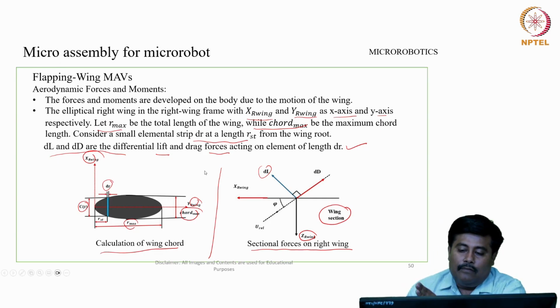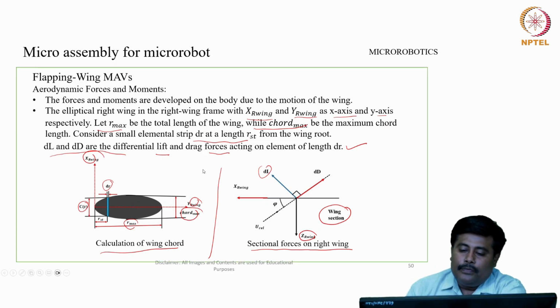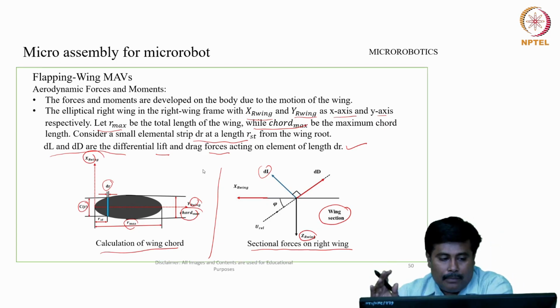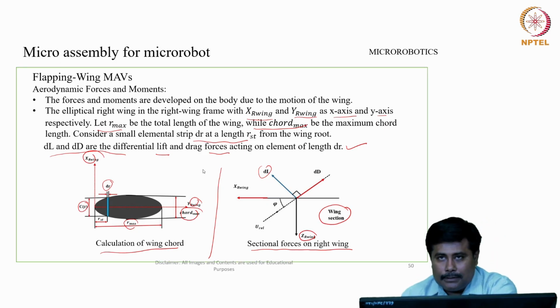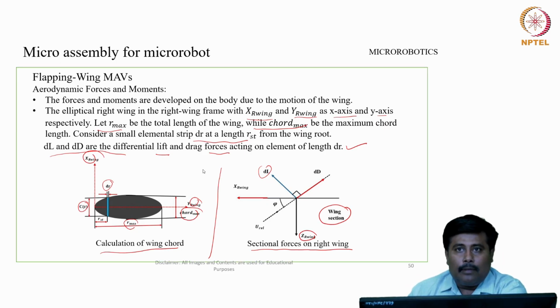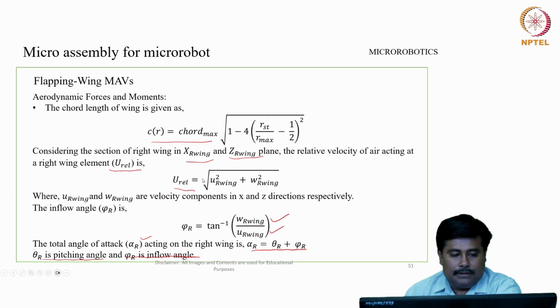So based on the frame with respect to XR wing and YR wing, the axes are appropriately assigned. And when we look into the R max perspective, R max is considered to be the total length of the wing, while chord max is the overall maximum chord length, where a strip is considered.